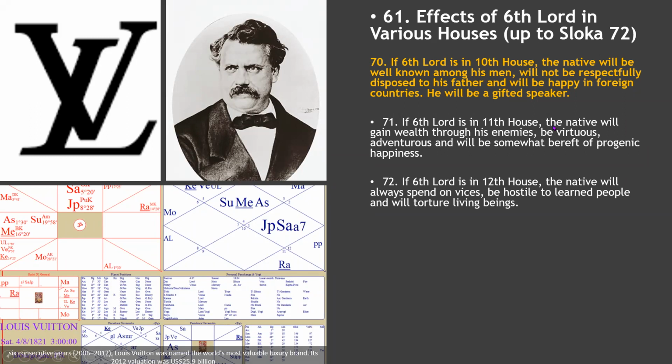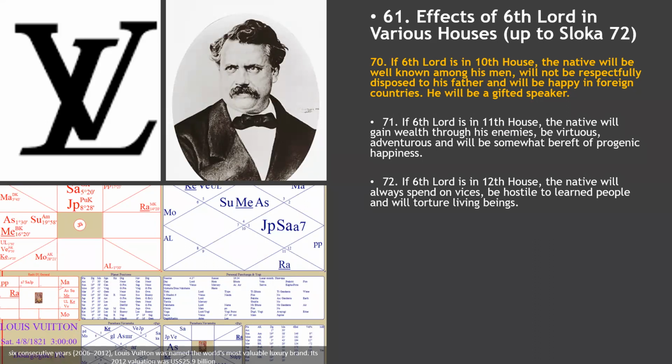Then we come to the 6th house and 11th. Native will gain wealth through his enemies, be virtuous, adventurous, with somewhat limited benefit of progenic happiness. Now the sixth lord going into the 11th means you will be pulled up for all your problems, all your negative things, but you will be successful in beating them, because the 11th house is where we will be hit with everything.